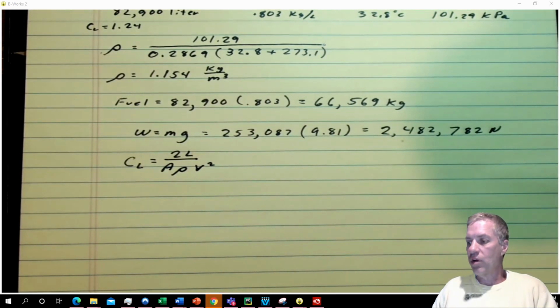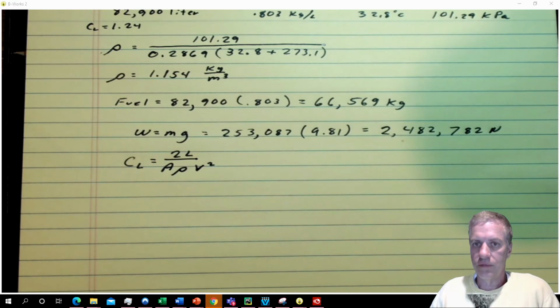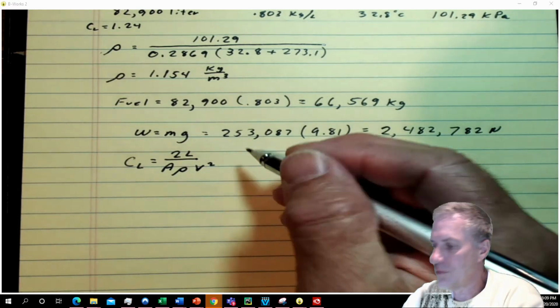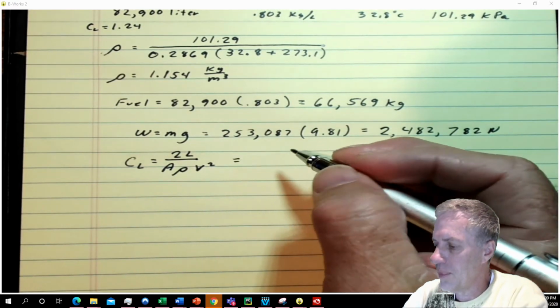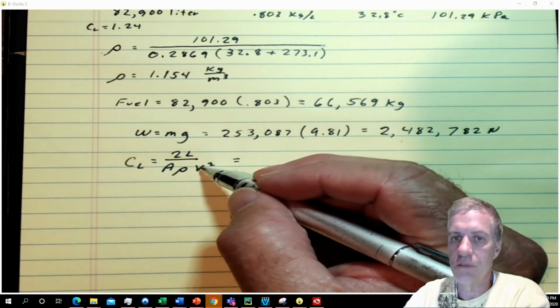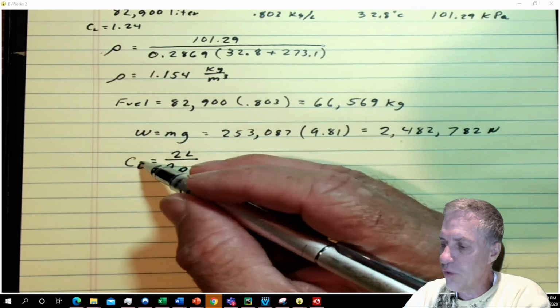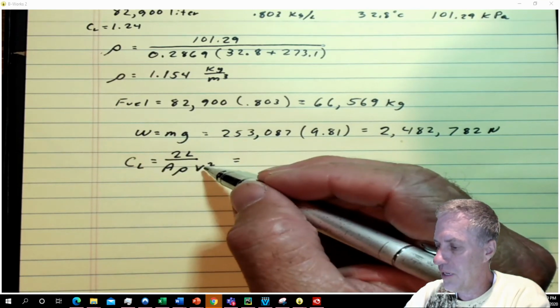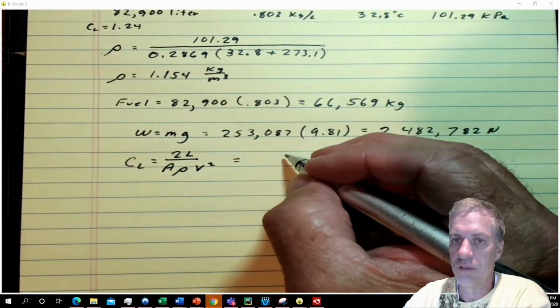All right, so now we're going to rearrange this equation. I'm going to multiply both sides by v squared and divide both sides by the coefficient of lift.